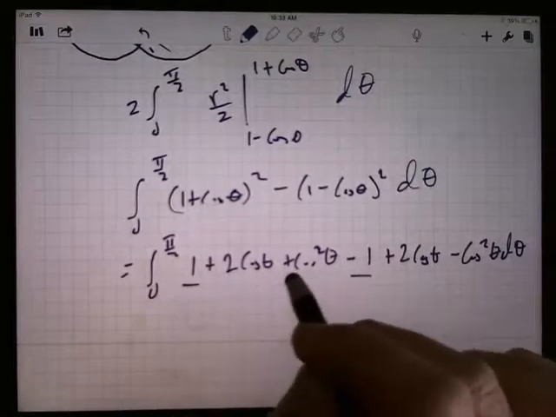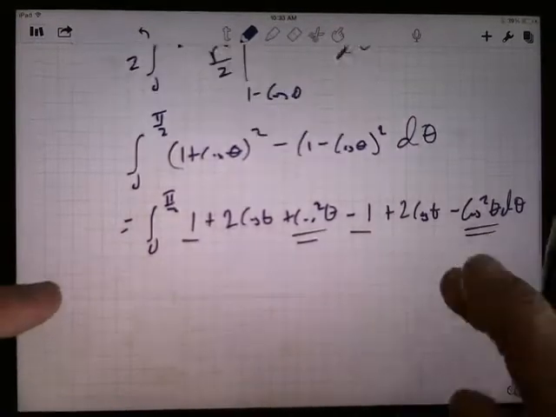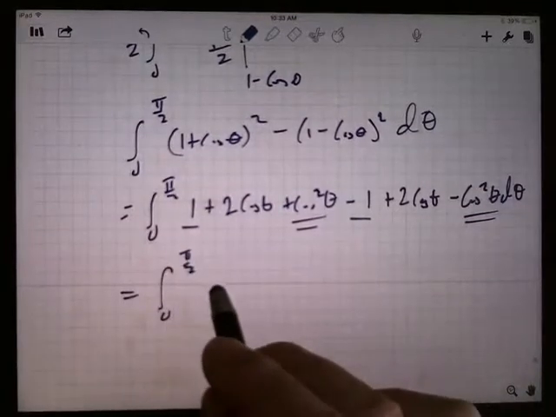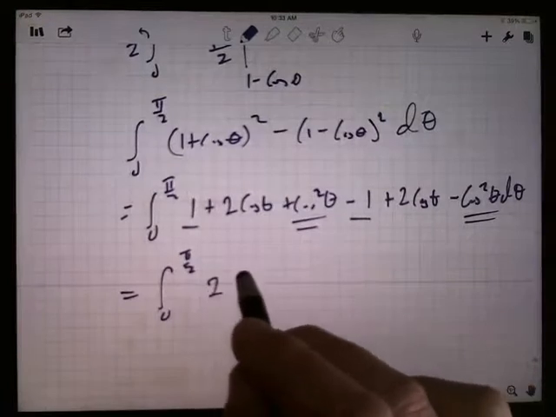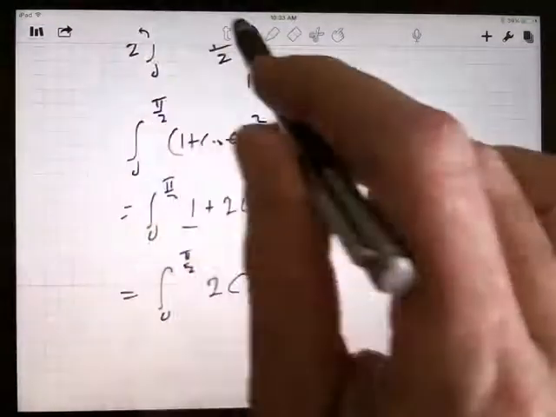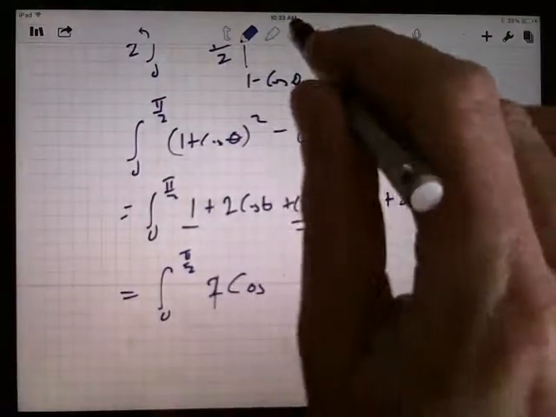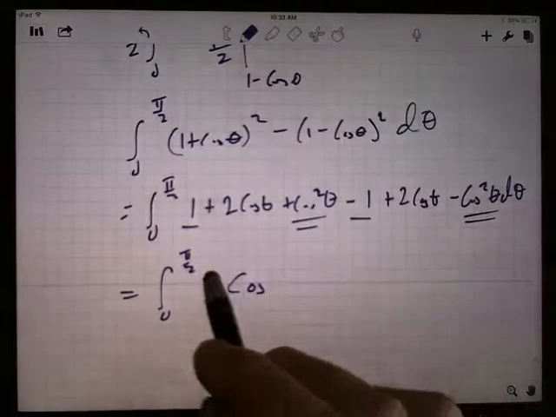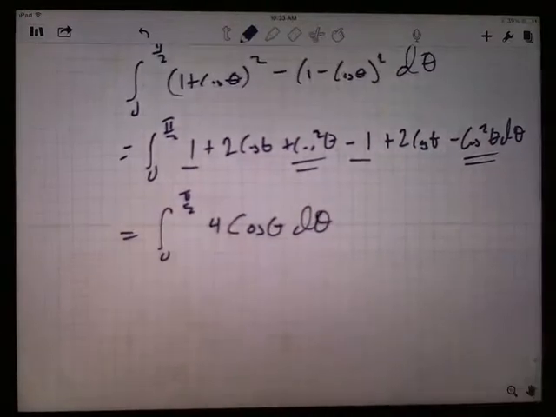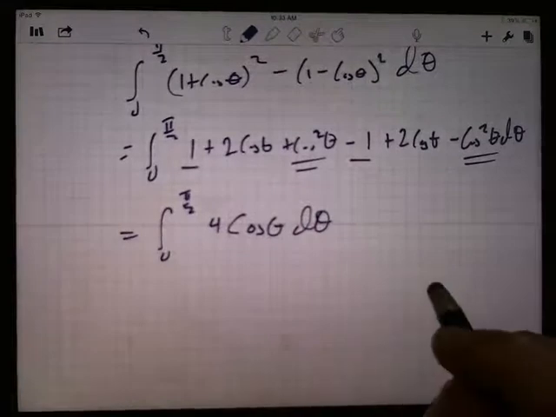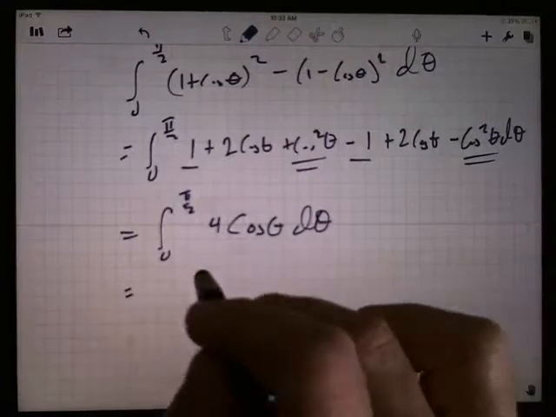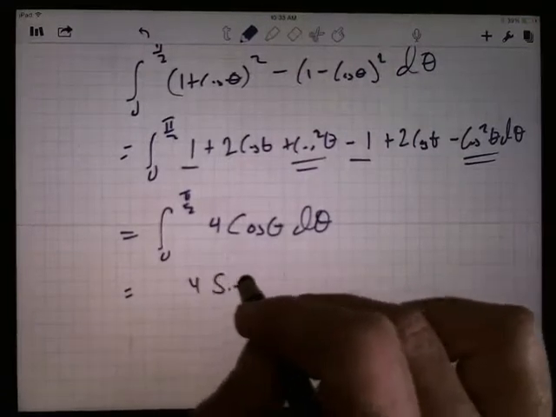This and that cancel out, this and this cancel out, and we're just looking at now the integral from 0 to pi over 2 of, actually, 4 cosine theta d theta. Okay, I think I can integrate cosine. Is that the sine?